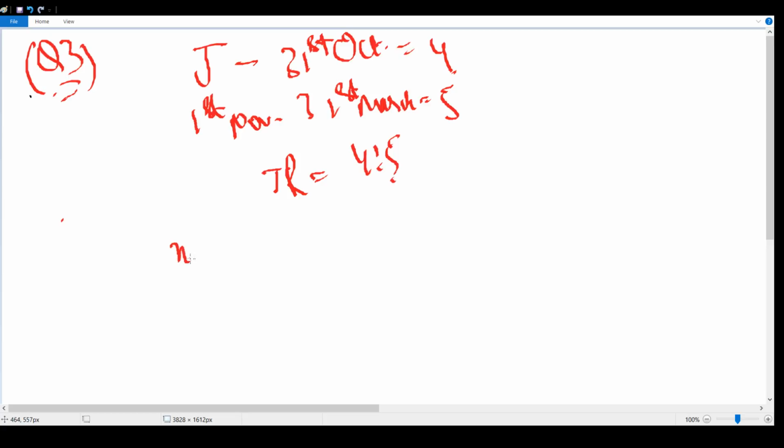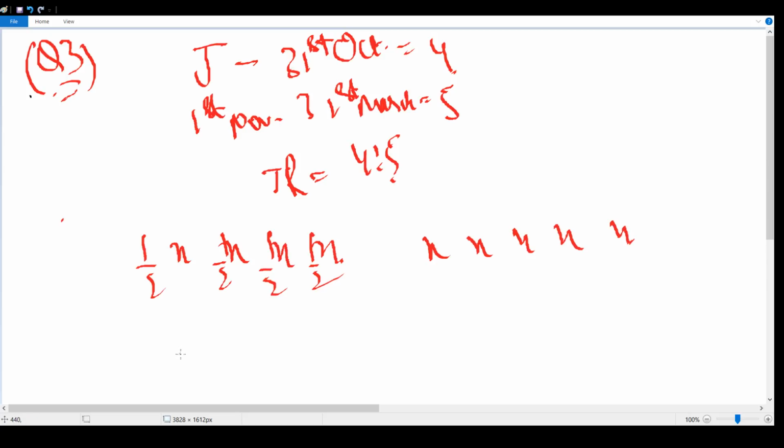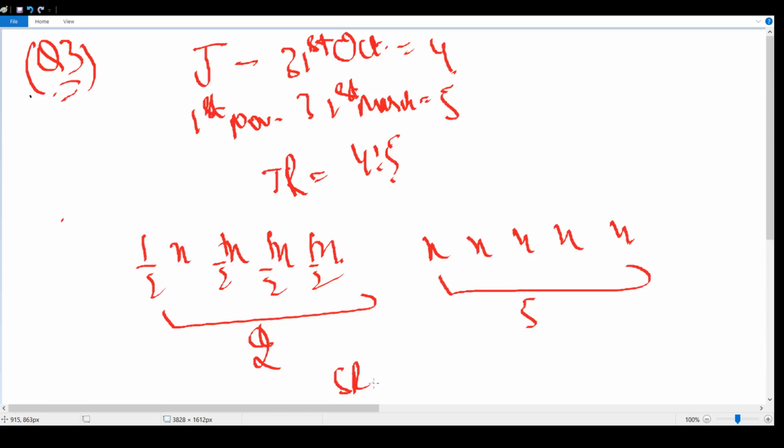For the first 4 months, let's say the sales are half X, half X, half X, half X. Then the next 5 months, the sales are X, X, X. That means this is 2 and this is 5. So sales ratio equals 2:5.